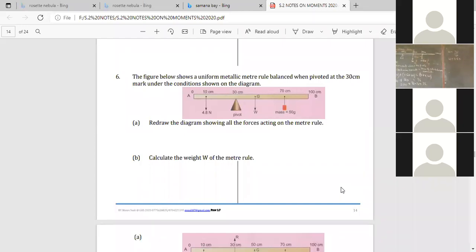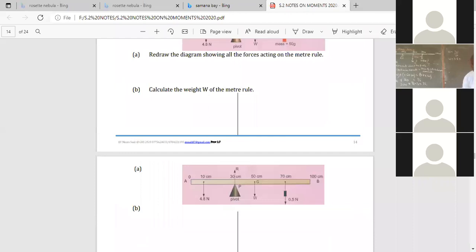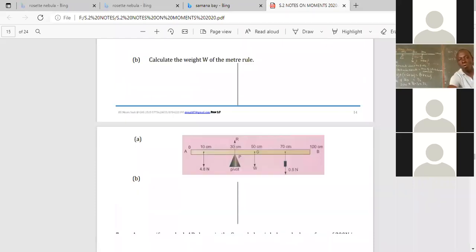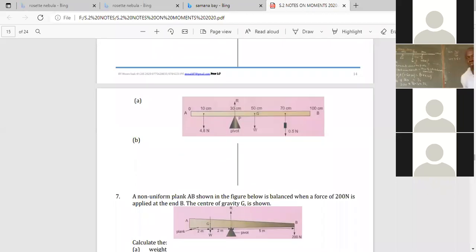By the way, there is a force we have not shown. Okay, those are the forces. Which force is that?